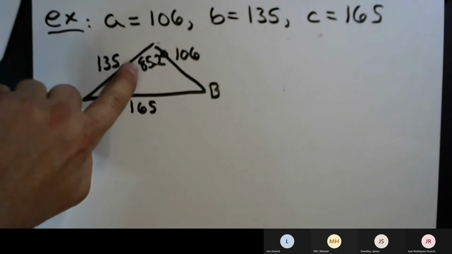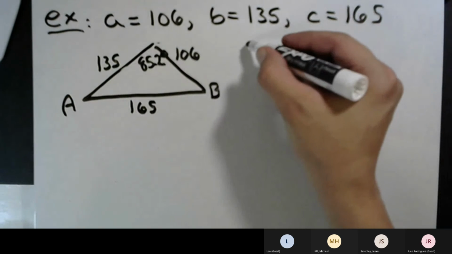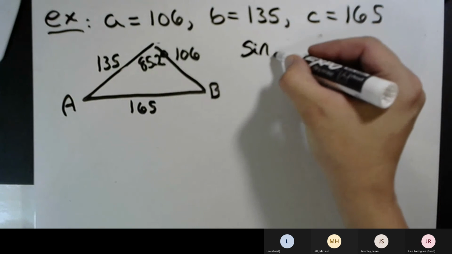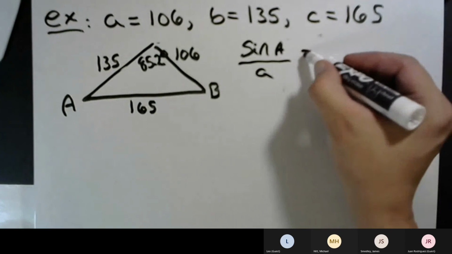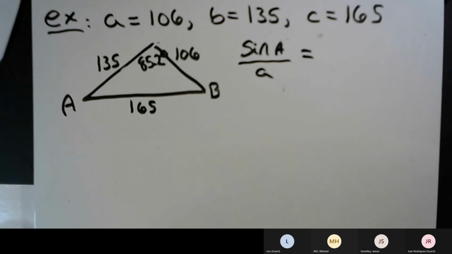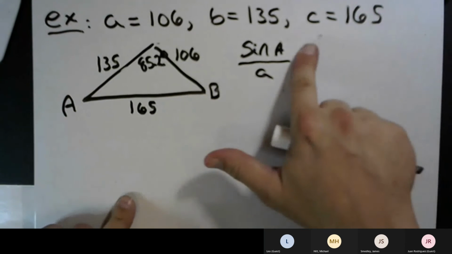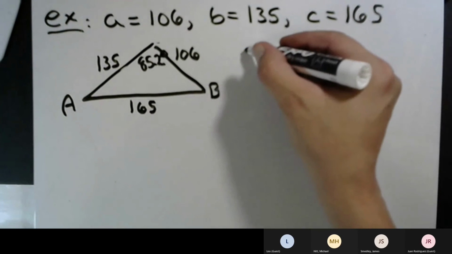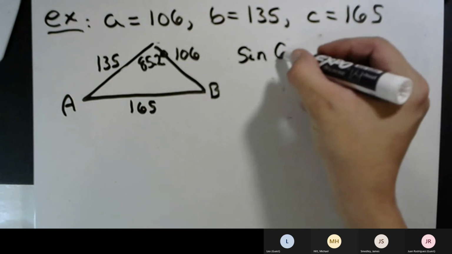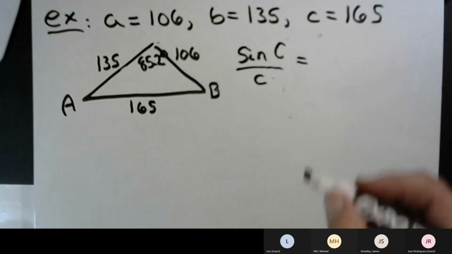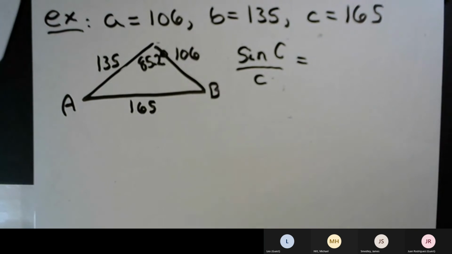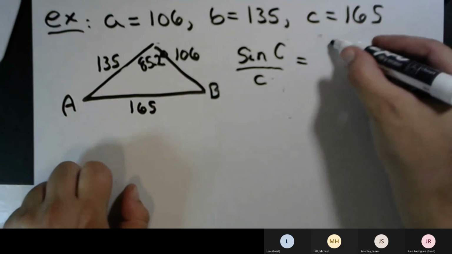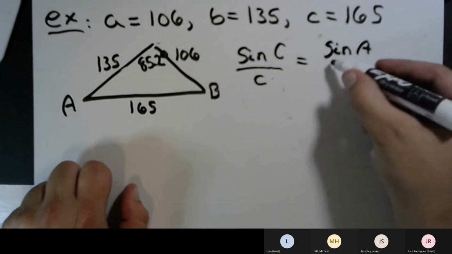So we know angle A, we know side A, and then let's solve for, oh wait, I'm sorry, C. My bad. This was angle C. So we know angle C, side C. That's what we figured out. Now let's look for angle A. And we'll just use the law of sines there.